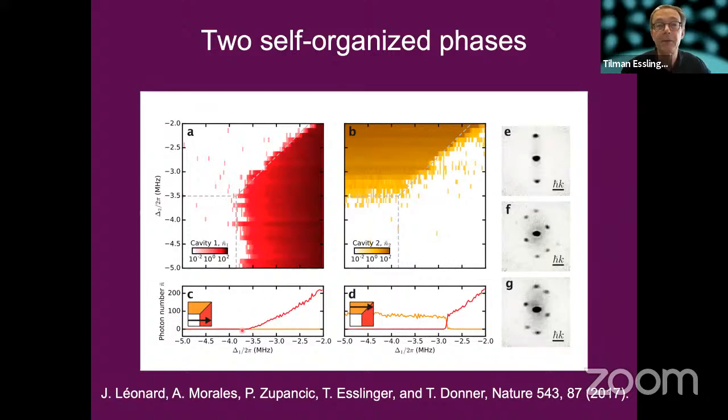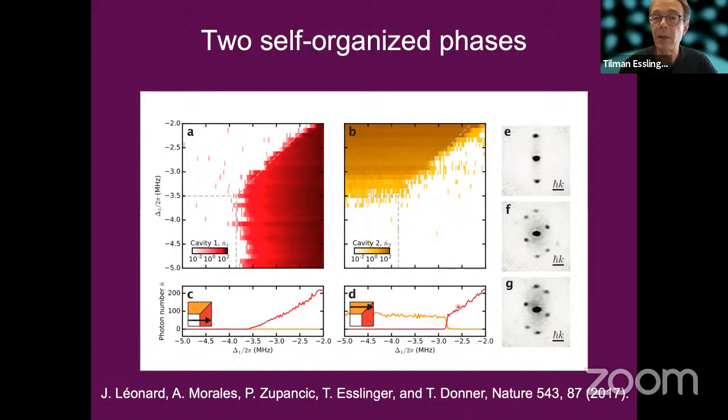And here you see that if you get closer to resonance, which means you effectively increase the coupling, then cavity 1 fills. If you go to another parameter where cavity 2 is much closer to resonance, then you have already filled cavity 2 when you increase the intensity, and now you change cavity 1, and you see that at some point the field in cavity 2 breaks down and the field in cavity 1 builds up. So these phases show you can have either field in cavity 1 or cavity 2.